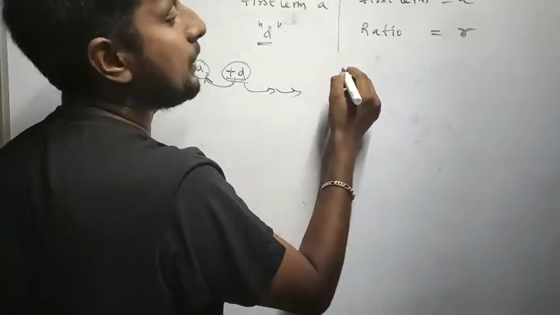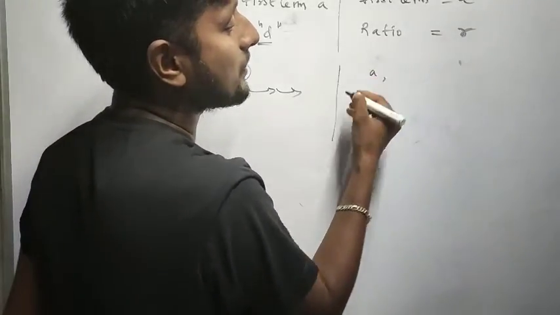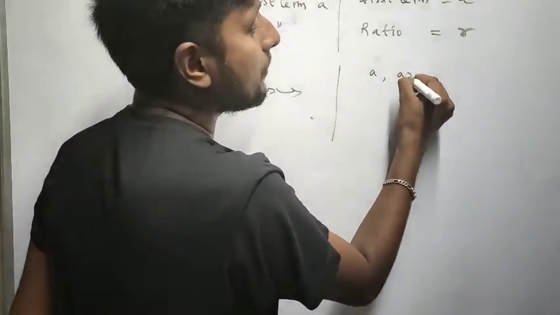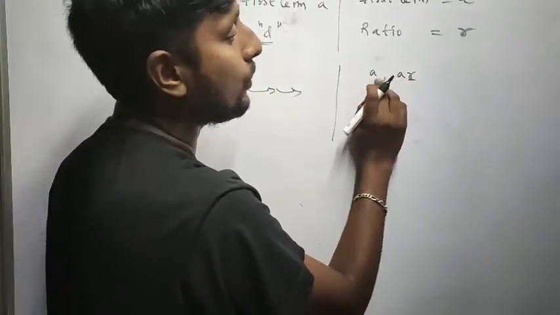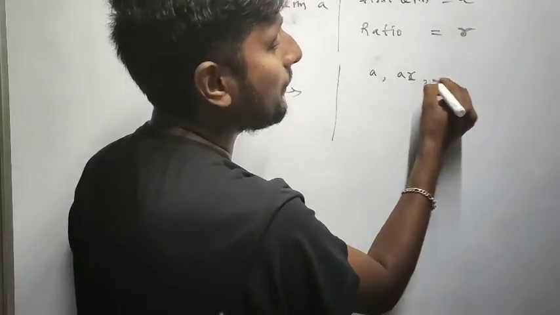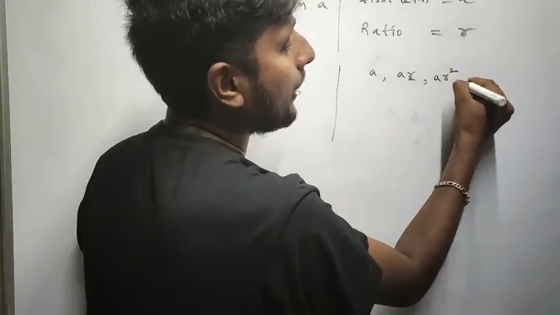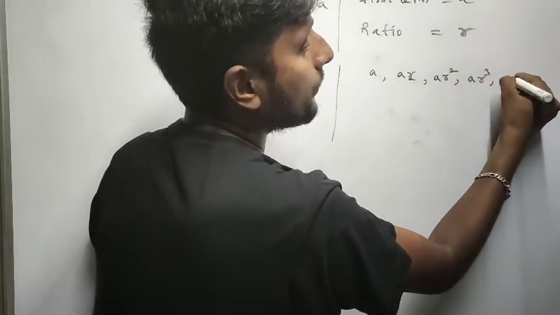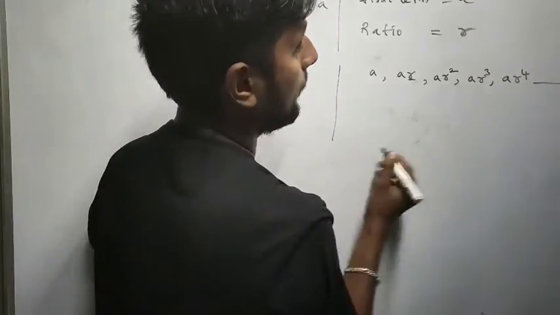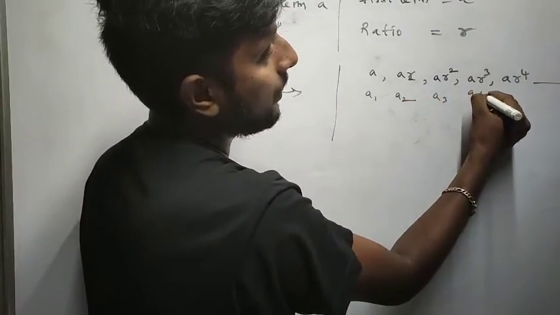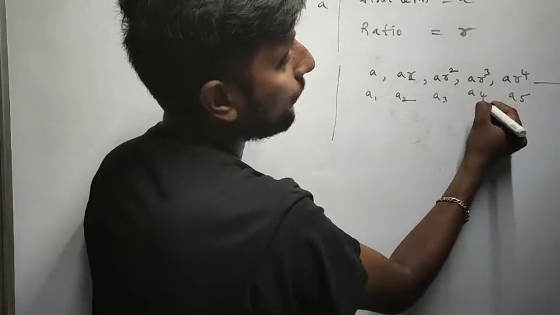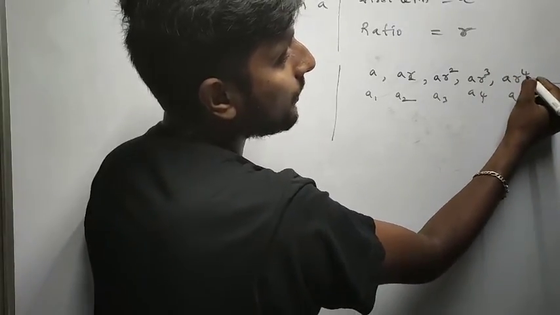But in the GP, what do we do? Except for the first term, we multiply every previous term with a constant number. We multiply A into R, AR. If you multiply with R again, AR square, AR cube, AR power 4, and so on. Look at the fourth term, power 3, and the fifth term, power 4.